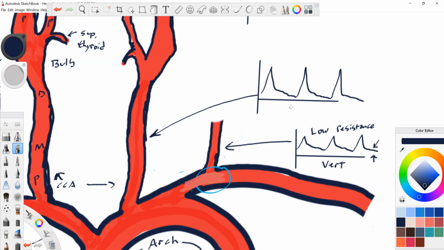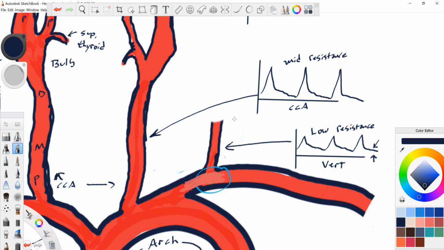The CCA, you know, it should be somewhat low resistance, but so often I find it to be kind of a high resistance flow, which is surprising, but that's just the way it is. So we're going to call this mid or middle resistance. So that's a typical waveform for there.